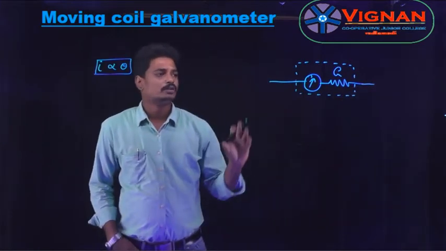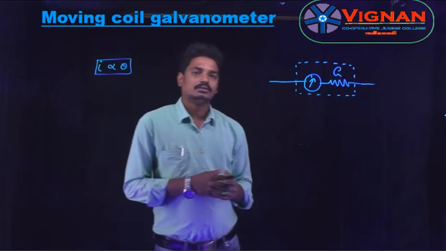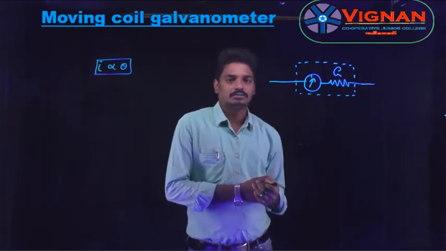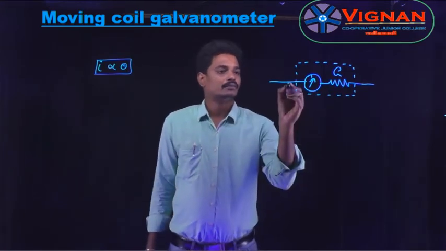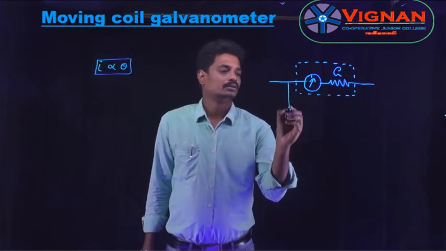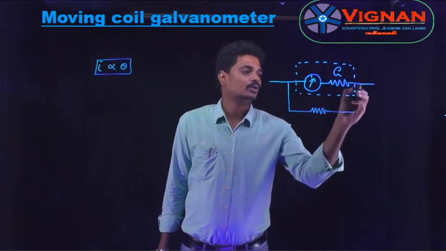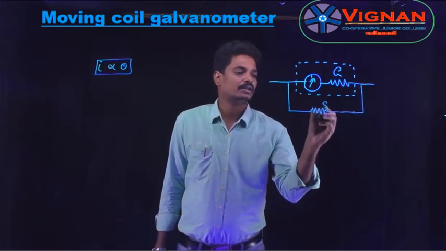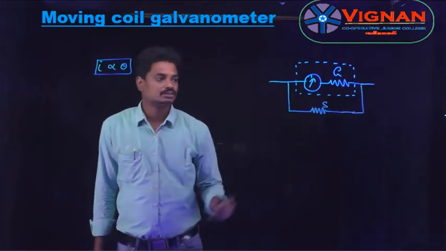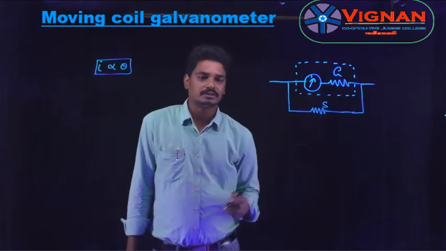Now to improve the measurement of the current in the moving coil galvanometer, we use a shunt resistance, which means a low resistance connected in parallel. Let S be the shunt resistance. It is called a shunt resistance.